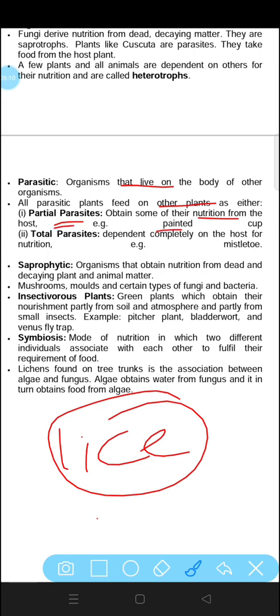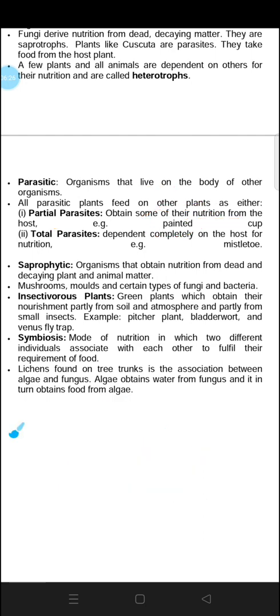For example, painted cup. Partial parasitic means they can prepare their food but some nutrients are missing, so generally they get nitrogen from the host. Next is total parasitic. Total parasitic plants are dependent completely on the host for their nutrition. For example, mistletoe. It is total parasitic.